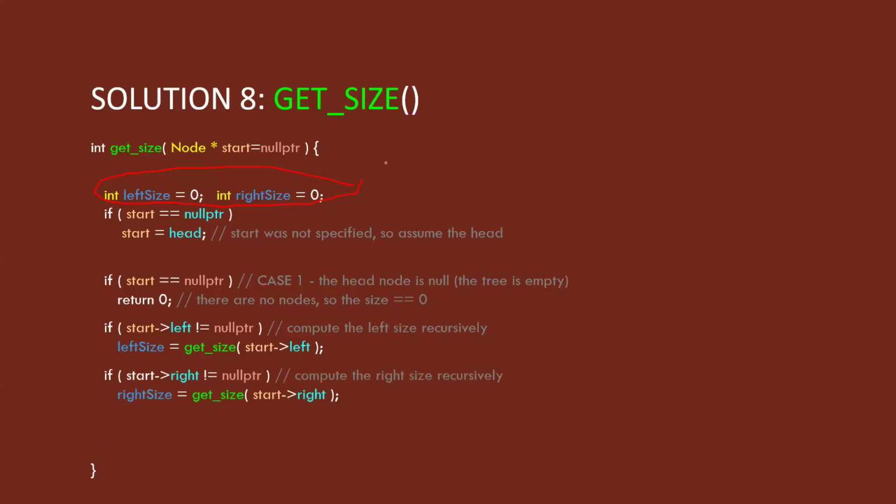And if the right is not null, calculate the right size, and then return 1 plus the left size plus the right size. And that's your recursive adding up all the nodes. And there's probably other ways to do that, certainly with less code. I just did it that way so you can read it a little more explicitly.